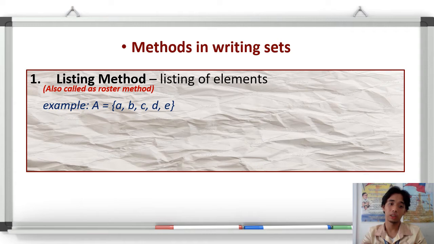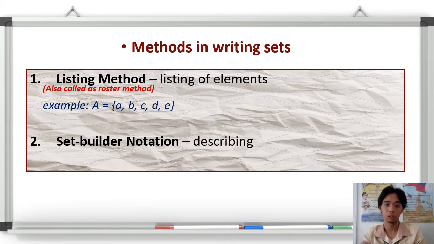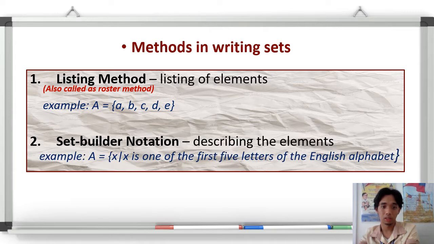The example for this is set A with elements A, B, C, D, and E. The next one is set builder notation, in which we describe the elements of the set. The example for this is x such that x is one of the first five letters of the English alphabet.